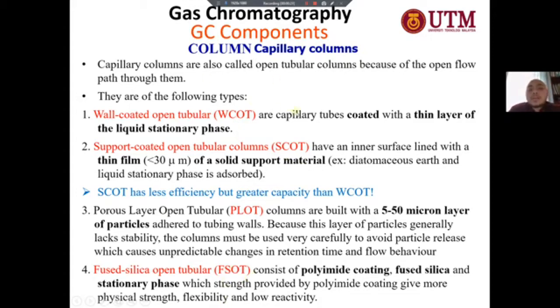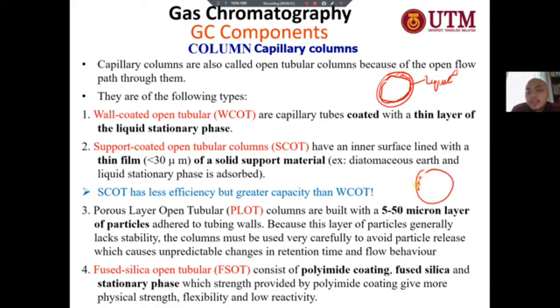Wall coated open tubular column, a capillary column, has tubes coated with a thin layer of liquid. So we have the wall that is actually coated with the liquid. You can say here is the liquid. Support coated open tubular column has its inner surface lined with a thin film of a solid support material.